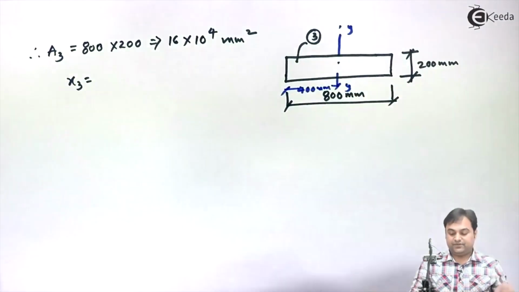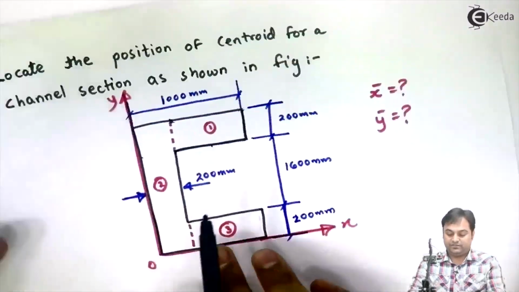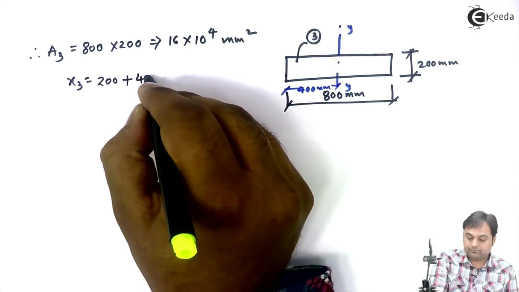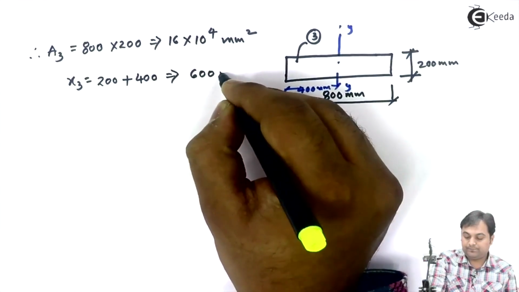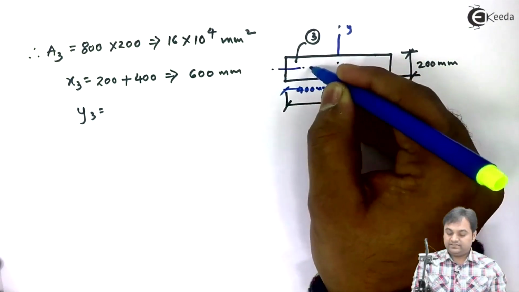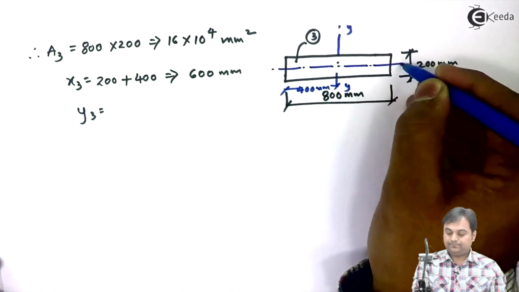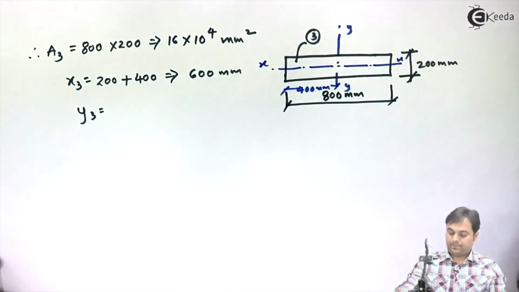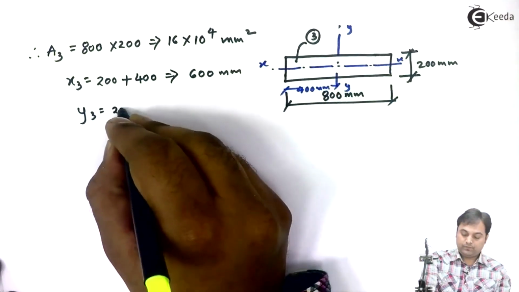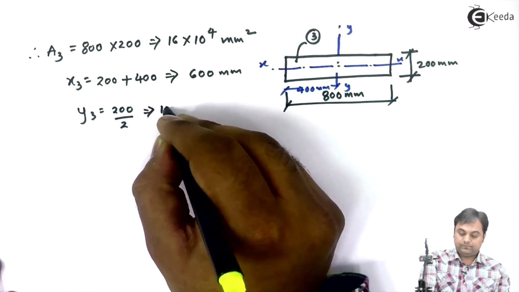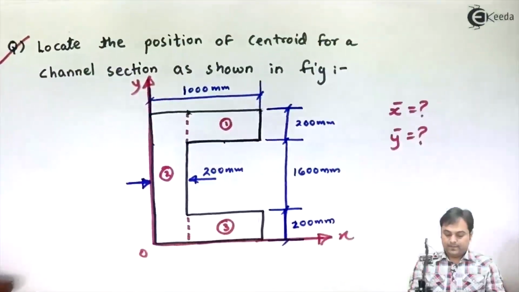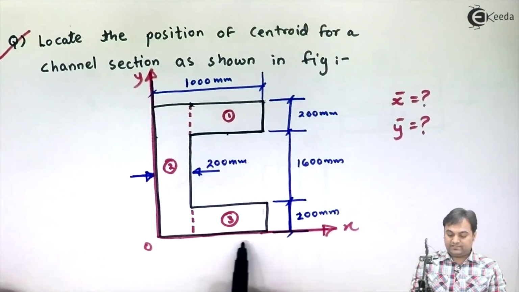And if we take the distance from the origin, then it will be 400 plus 200, that is 600 mm. y3 will be the location of the x-axis for the third rectangle, and this x-axis will be at half of 200, that is 100 mm, because if we look at the diagram for this C section, rectangle number 3 is lying on the x-axis.